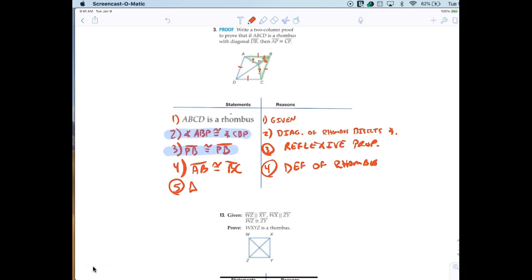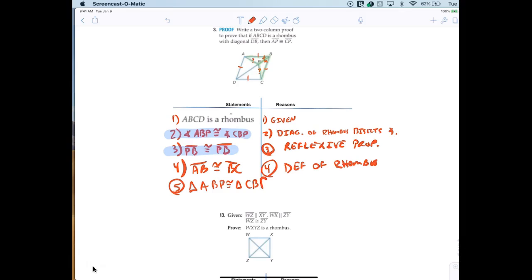Triangle ABP is congruent to triangle CBP. You have to line them up properly now. Oh, CBP. Yes.